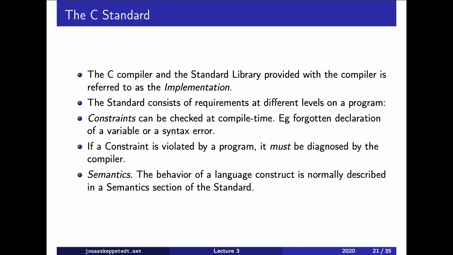So if we want to do something useful, we typically would have to write basic IO functions ourselves and use the system calls. There is a system call for reading and writing, for instance, to a file or somewhere else.